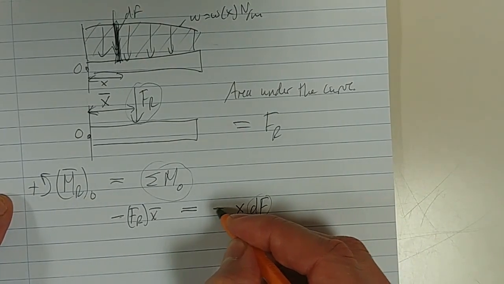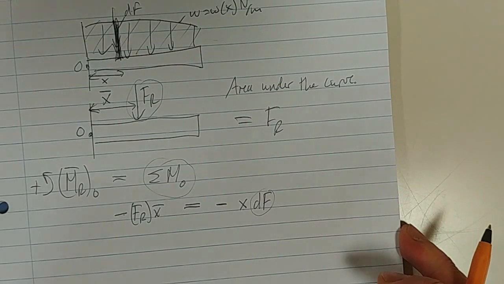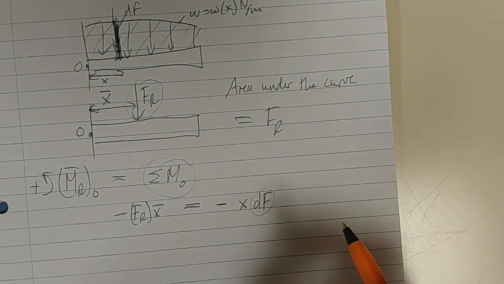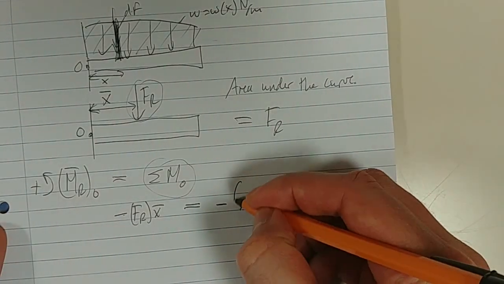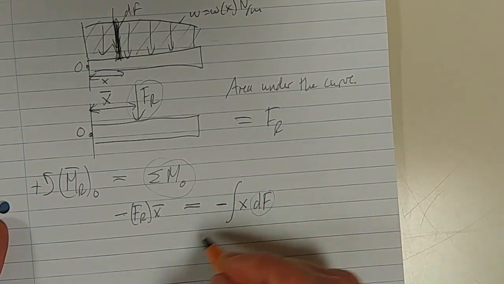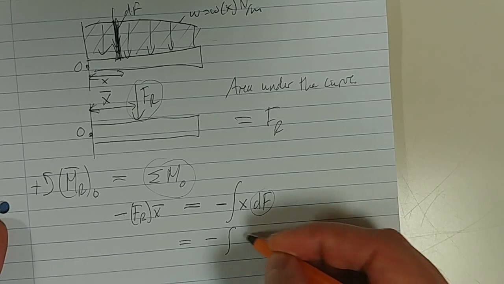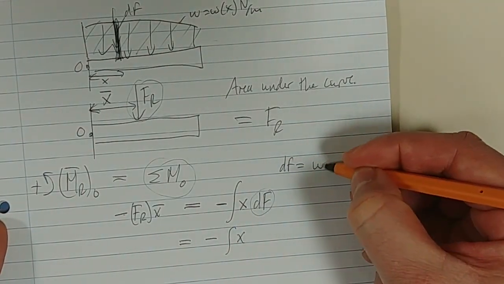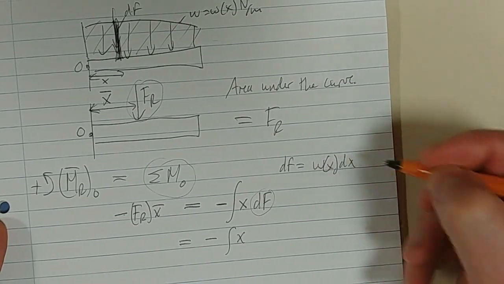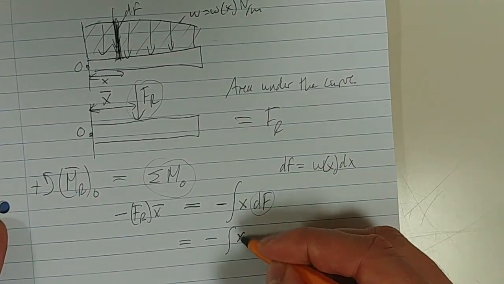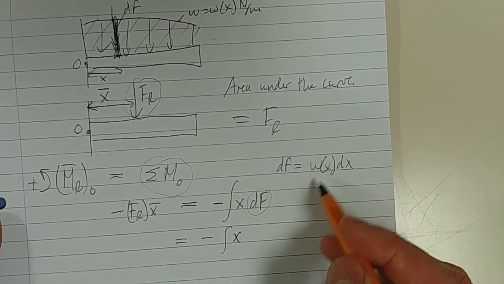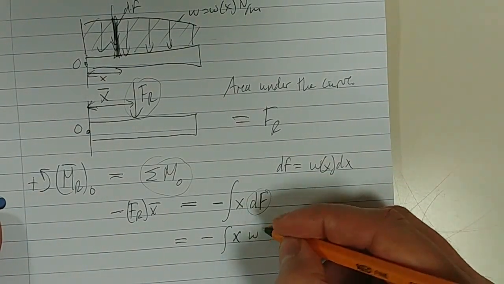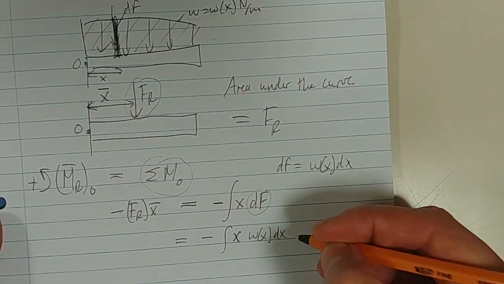But we need to sum up all the moments due to the forces, so this is an integral. And then what is dF? Remember that dF is equal to w(x) dx. So we've got x times dF, but dF is w(x) dx.